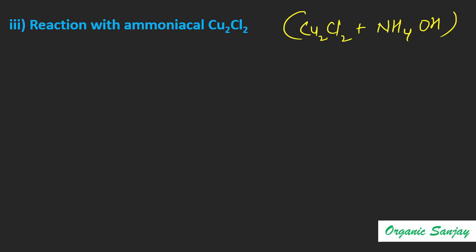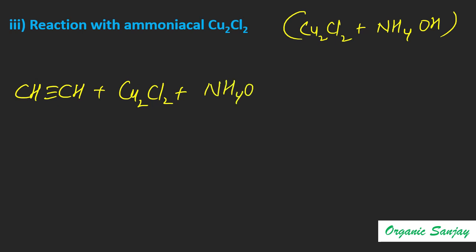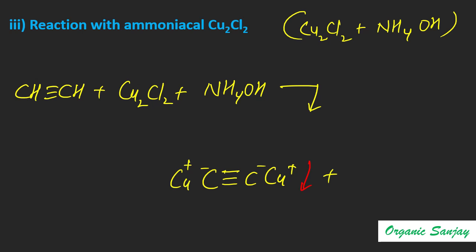Let me write the chemical equation. CH triple bond CH plus Cu2Cl2 plus NH4OH gives C triple bond C with copper, a red precipitate, plus ammonium chloride NH4Cl and H2 as a byproduct.